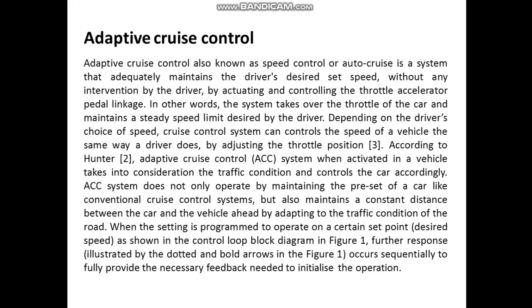Depending upon the driver's selection of the speed, the cruise control system can control the speed of the vehicle the same way the driver does by adjusting the throttle position.